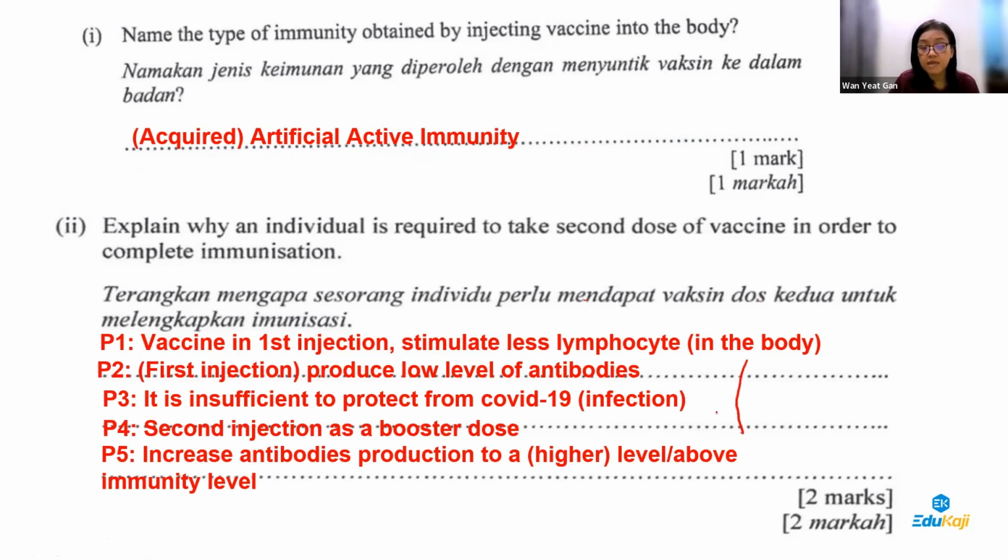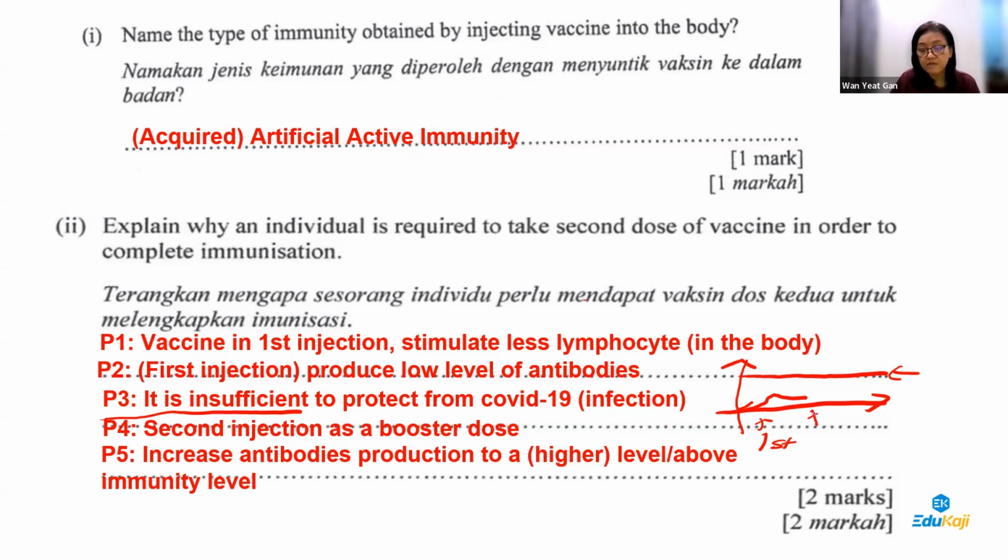Okay, normally the graph is like this. So the first injection, if this is the level of immunity, then if you inject the first injection here, it only probably increases a bit and then it comes down. So it is insufficient. The first injection is insufficient to protect your body against COVID-19.